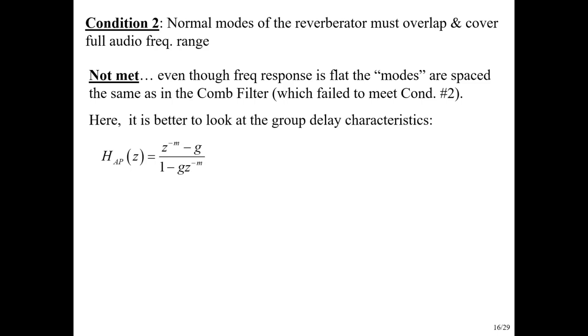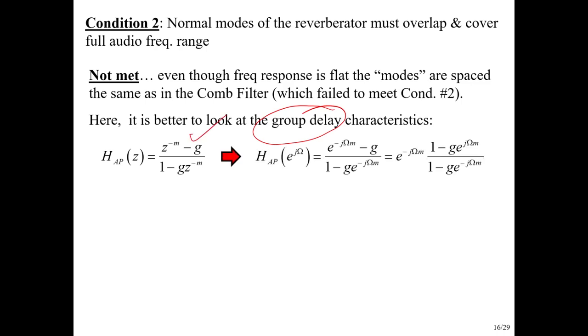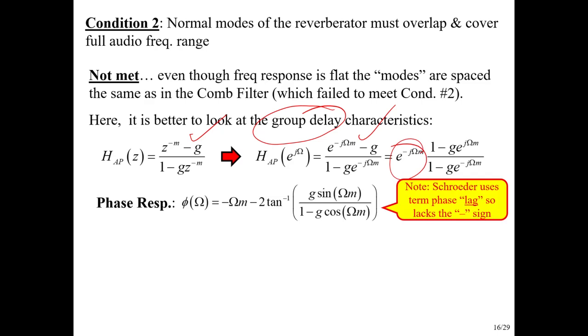And in fact, a better way to look at this is something related to the phase. We talked about this before, the group delay characteristics. So if this is our transfer function, we can write out the all-pass frequency response, and I wrote it out this way, and then I just factored this thing out in front.